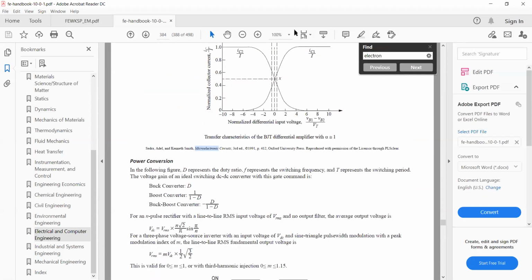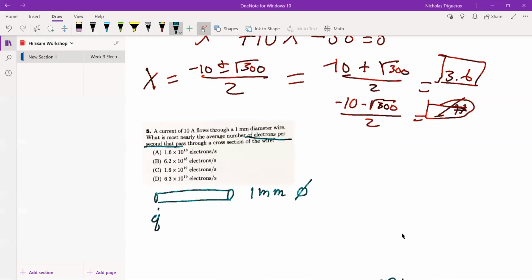Maybe it is in there, maybe it isn't. But regardless, if you can't find it and you don't know how to continue, it's recommended to skip the problem at that point. But for this, I happen to know this equation, and it's simple. It's a shame we couldn't find it easily.